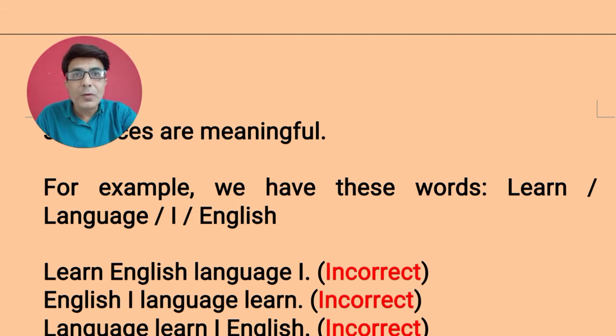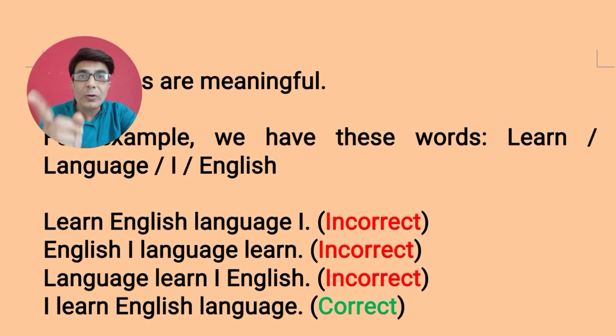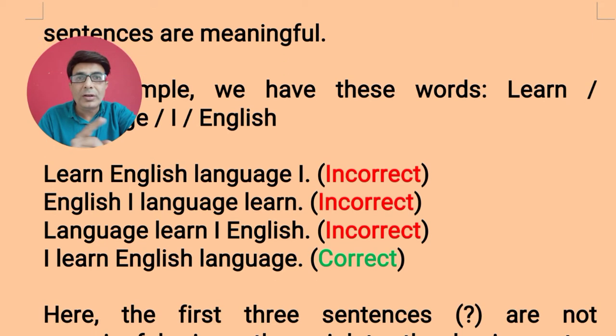Now, if you want to make a meaningful sentence out of these four words, then these are the possibilities. You may say learn English language I, or you may say English I language learn, or you may say language learn I English, or you may say I learn English language.